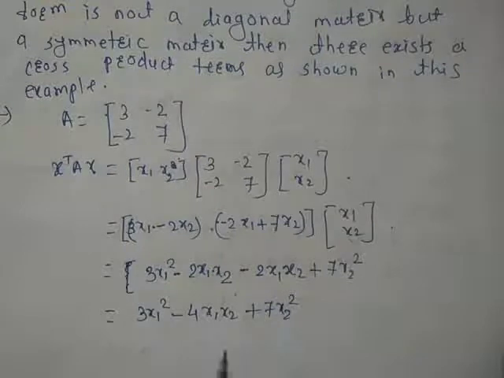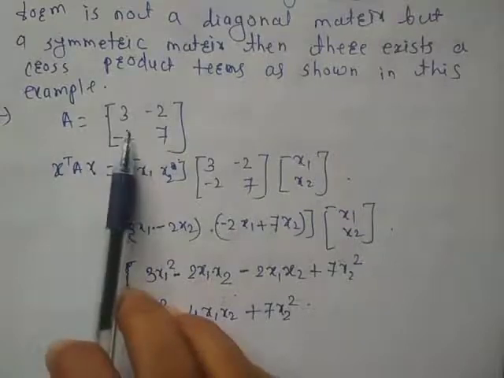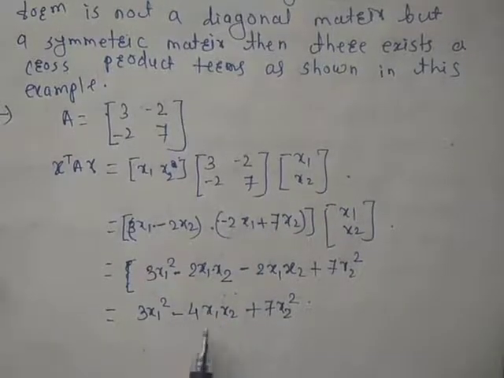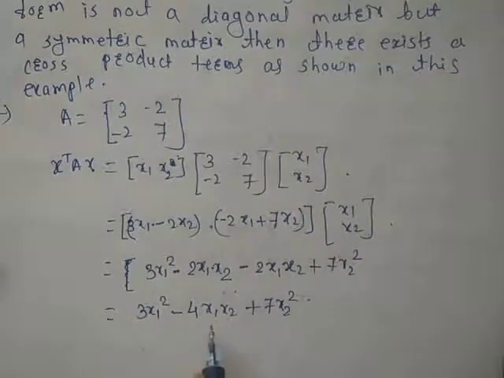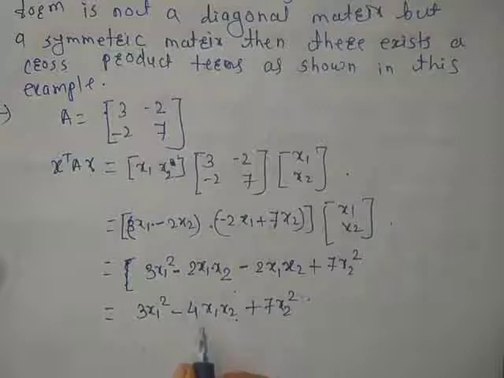So this is the quadratic form of a symmetric matrix, and it has cross product terms. Cross product terms means terms in x1 times x2, x2 times x1. Okay, this is the cross product term.